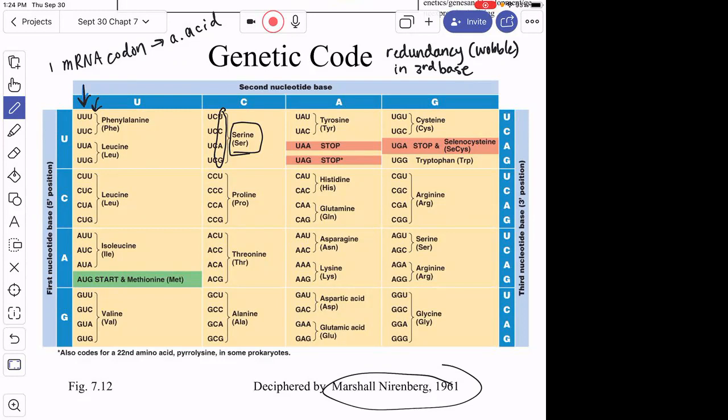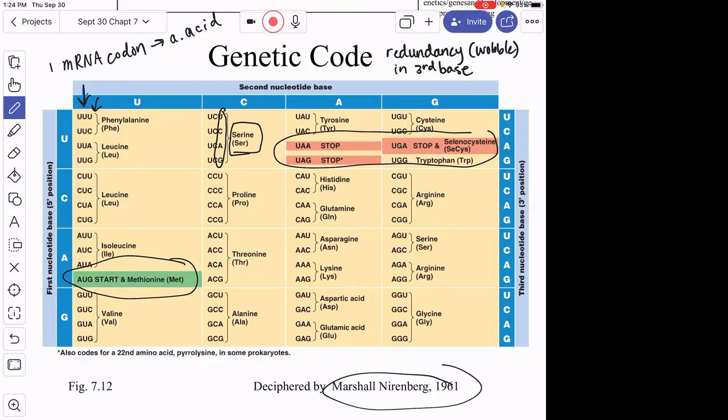Let's see, what else I want to say about this. 21 amino acids, plus you have the start codon. That's the one that is always going to begin or initiate translation. When the stop codons are read at the ribosome, that's going to terminate translation.